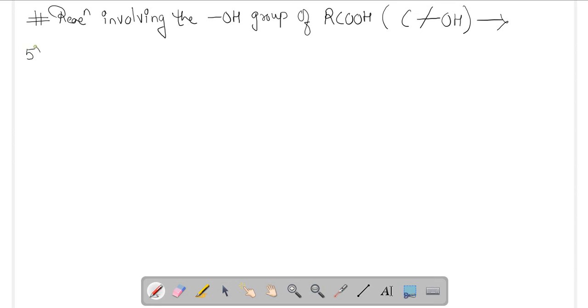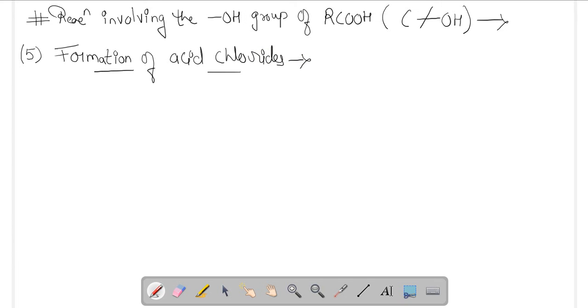So here the first reaction in this particular type is the formation of acid chlorides, meaning the formation of the derivatives of the carboxylic acid. When carboxylic acids are treated with phosphorus halides, that is PCl5 or PCl3, or thionyl chloride, this is SOCl2, in the presence of pyridine, they form the acid chlorides.